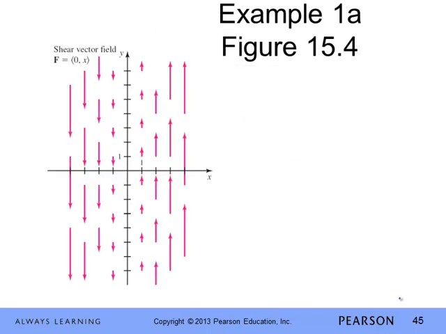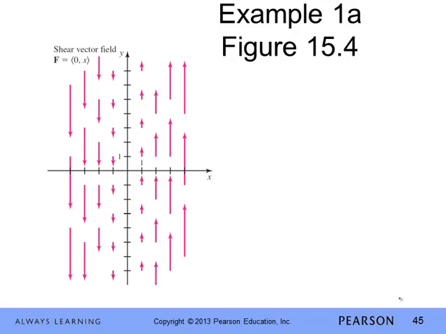Moving along here. Here's another vector field. This is example 1, part A. A shear vector field where one of the components is just set equal to 0.